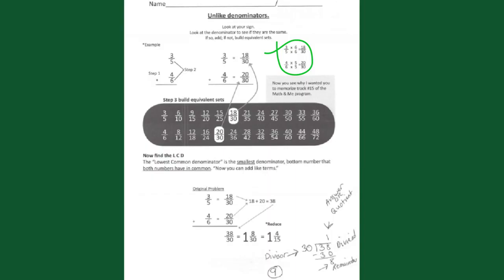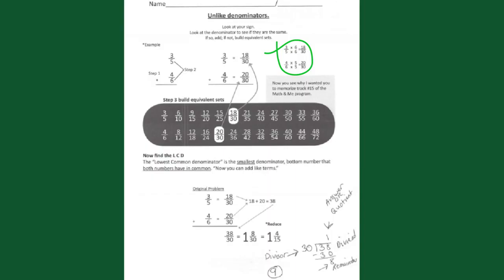Now, let's go back to the original problem. 3/5 plus 4/6. Step 1, look at your sign. My sign tells me to add. Step 2, look at the denominators, the bottom numbers, to see if they are the same. Is my denominator 5 and 6 the same? No. So I must build equivalent sets. I did, and that became 30. Now, what you do to the top, you must do to the bottom.